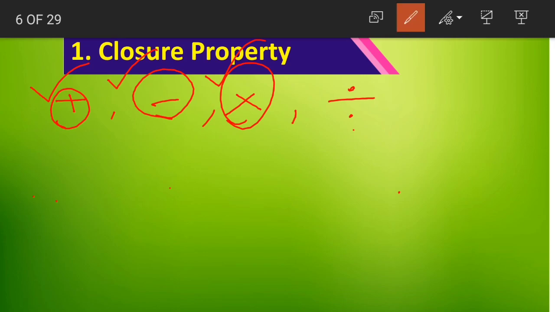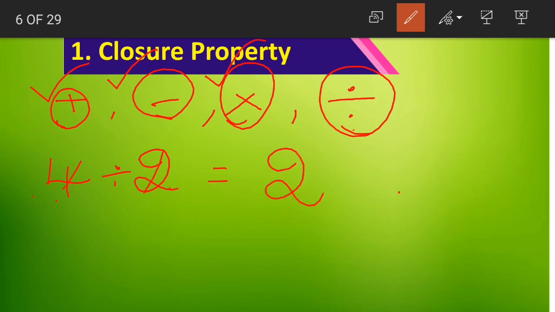Coming to the last operation, division. Let us consider two integers, 4 and 2. 4 divided by 2 is 2, because 2 twos are 4. But if we take minus 2 divided by 4, coming to the sign, we have different signs here. One is negative and the other is positive, so the answer will be negative.